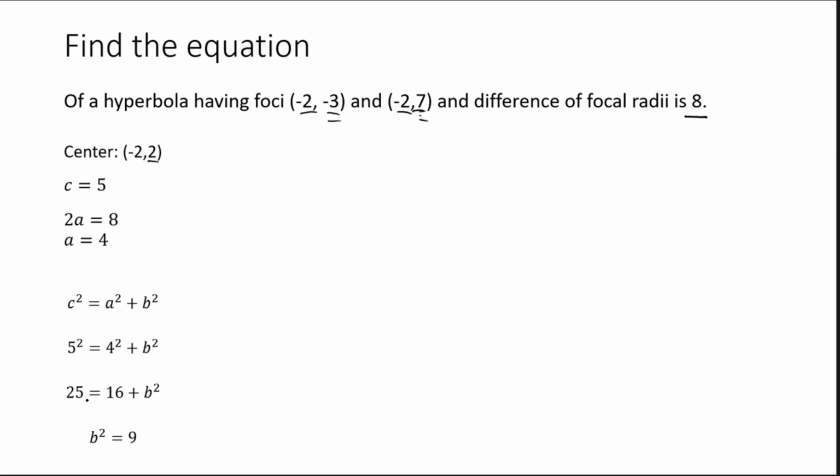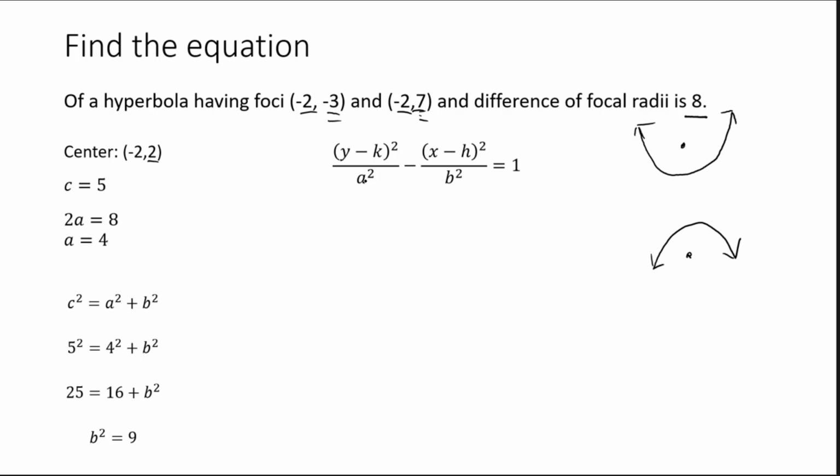And when you write your equation, it's going to look like this, in this format. The y term comes first because the major axis is going to be vertical, right? Because (-2, -3) would be somewhere down here, and (-2, 7) would be right above that, up here. So we know it's going to be opening like this, up and then down. Because it's vertical, we know that the y squared term is coming first.